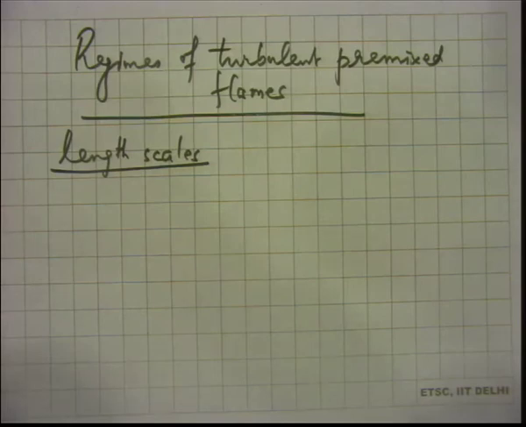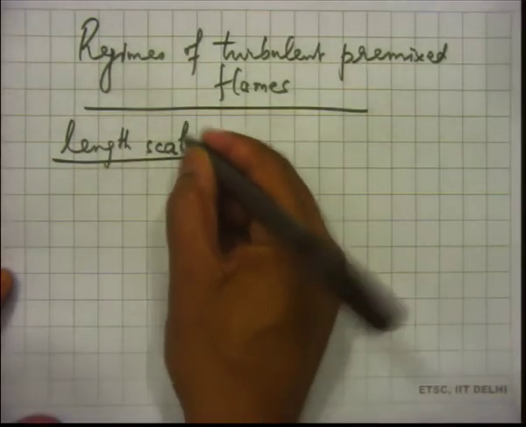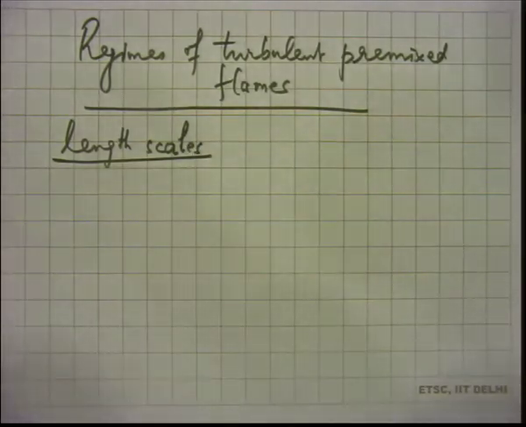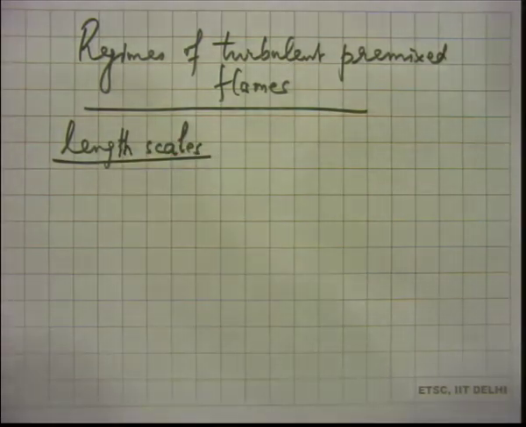Again, you may not be familiar with this, and we do not have sufficient time to discuss turbulent length scales and turbulent flow fields, but we will accept them at some level and keep going back to these issues and also read up the necessary chapters from the book, so that we develop our understanding over a period of time.